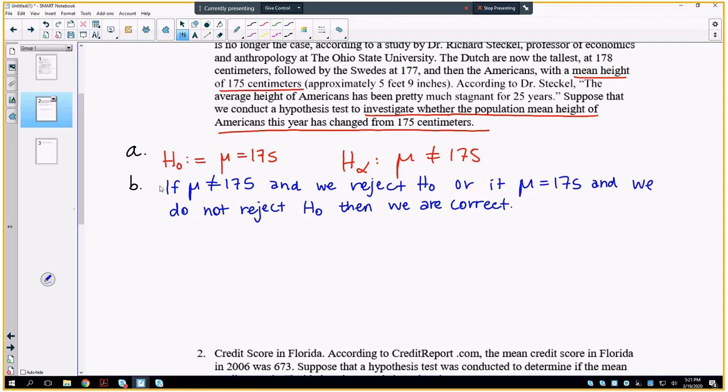So two different ways of being correct. Either the null hypothesis is false and we reject it, or the null hypothesis is true and we do not reject it.